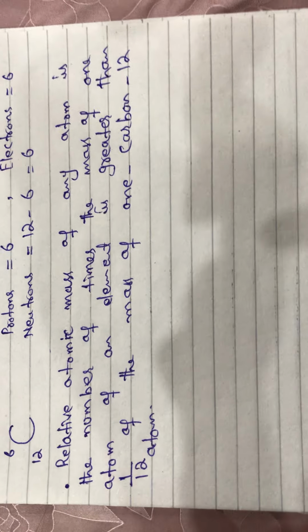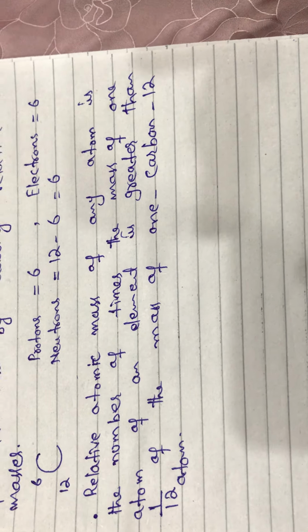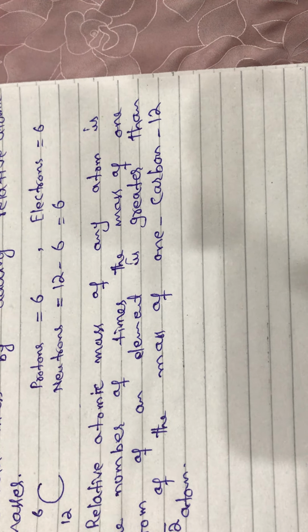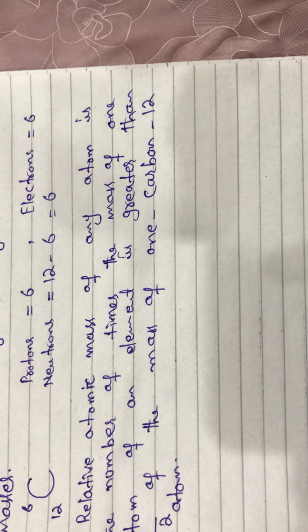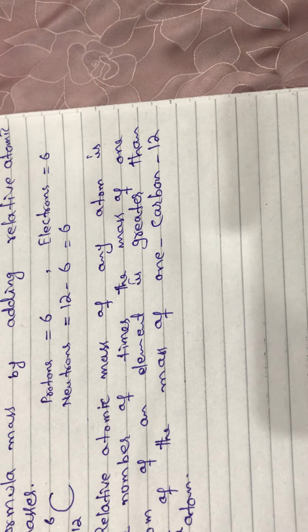Talking about the relative atomic mass, its definition is when we are comparing the mass of an atom of an element with 1 by 12 the mass of a carbon 12 atom.